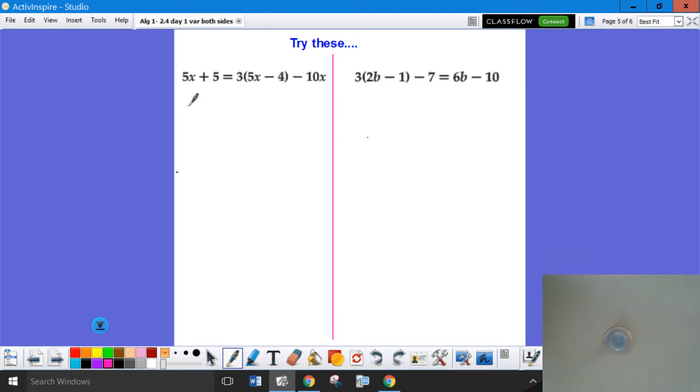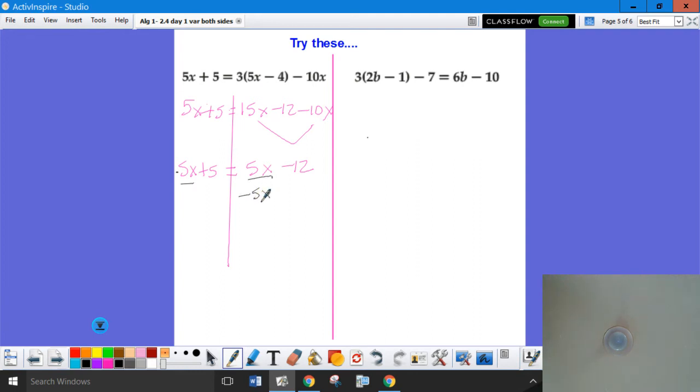All right, here we go. 5x plus 5 equals 15x minus 12 minus 10x. Okay, combining terms. I have 5x plus 5 equals 5x minus 12. All right, now I'm noticing something here. These are both the same.